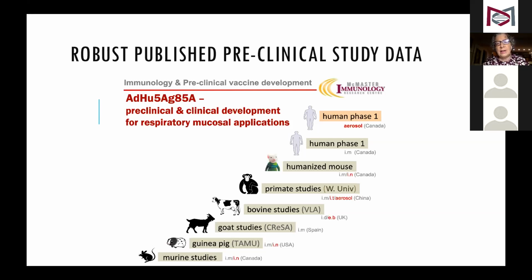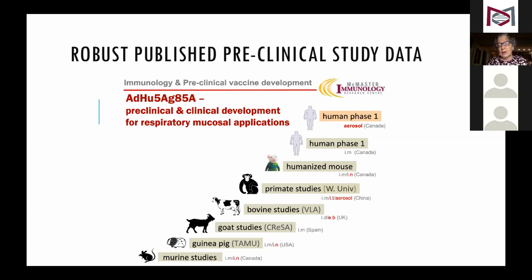And this is just an illustration of the preclinical work that has been done mostly in collaboration with Dr. Zing and his team, as well as colleagues around the world, looking at initially murine studies, moving on to guinea pig, goat, bovine, primate, humanized mice, and then our phase 1 clinical studies.